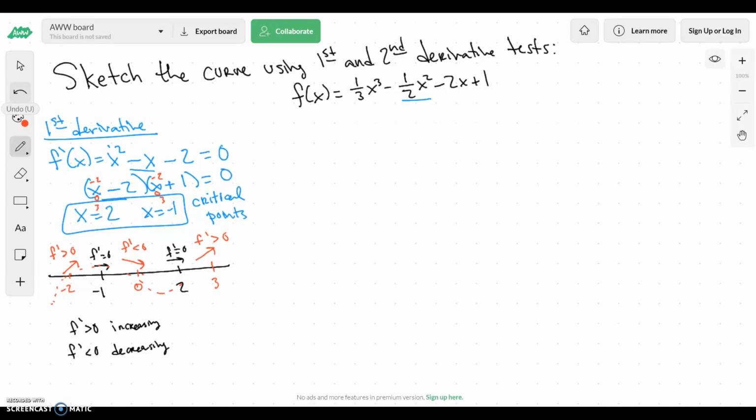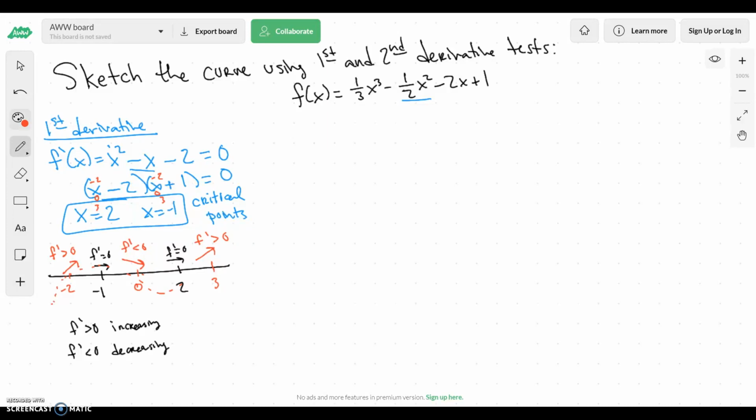Now, you can see that when it changes concavity, so when it goes from concave up to concave down to concave up, something is going on. What we really want to figure out is what these inflection points are. So let's figure this out.